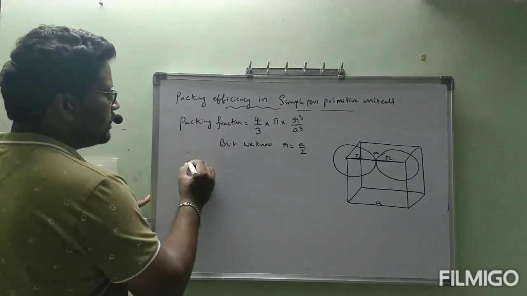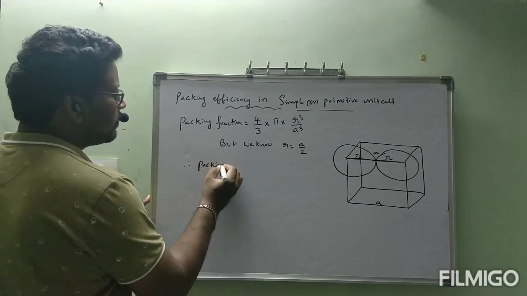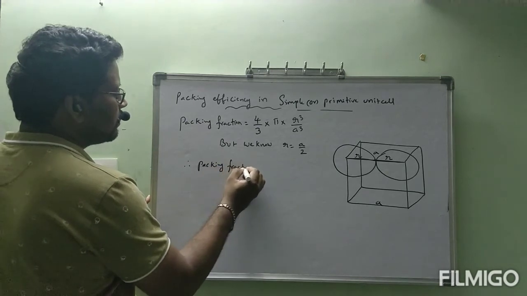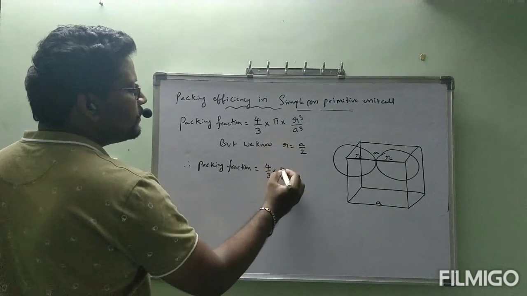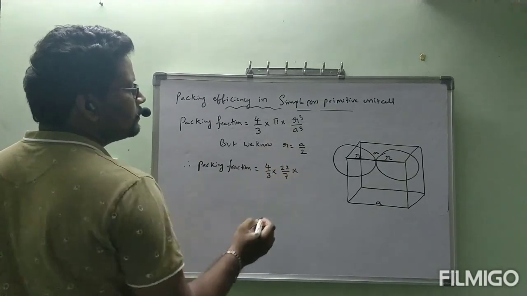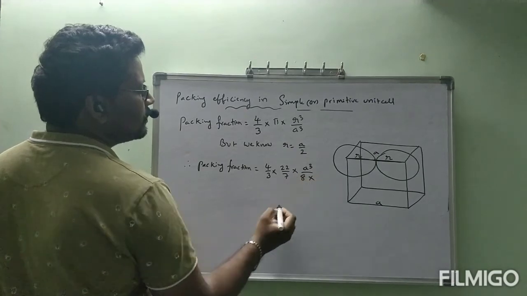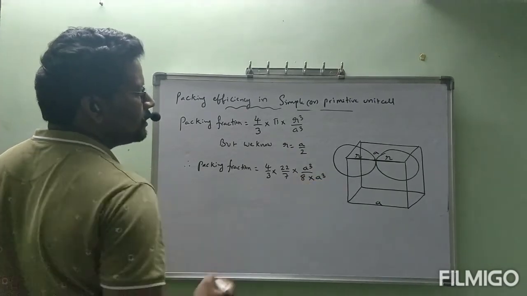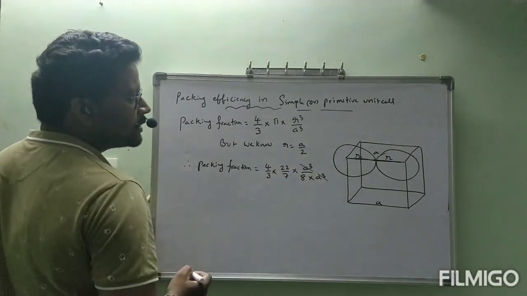Then, therefore, packing fraction will become 4 by 3 into pi value 22 by 7 into r cube, that means a cube by 8, into a cube. The a cube by 8 into a cube got cancelled.